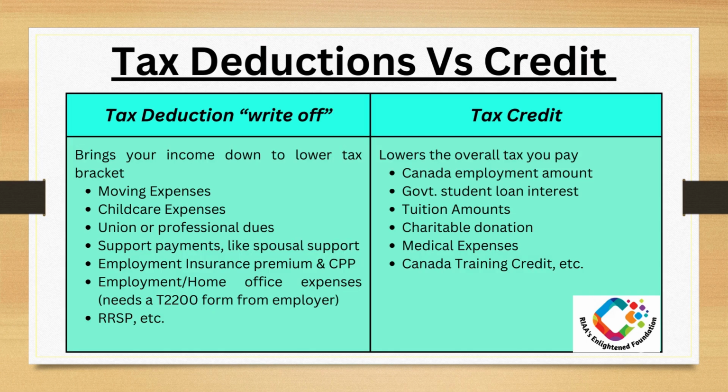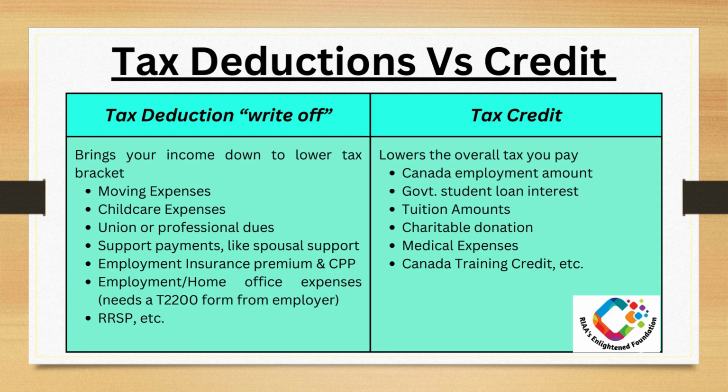Before proceeding further, let's first understand the difference between tax credits and tax deductions. Tax deductions typically lower your taxable income, thereby potentially lowering your taxes. Some examples are moving expenses for education or for the job, childcare expenses, union or professional dues, support payments, employment insurance premium, employment or home office expenses, and others.